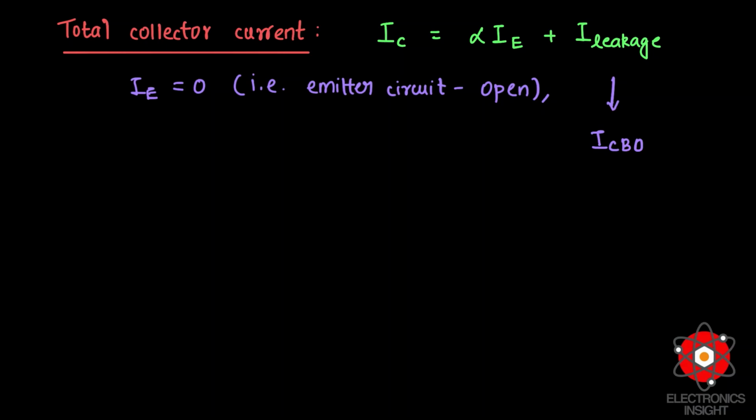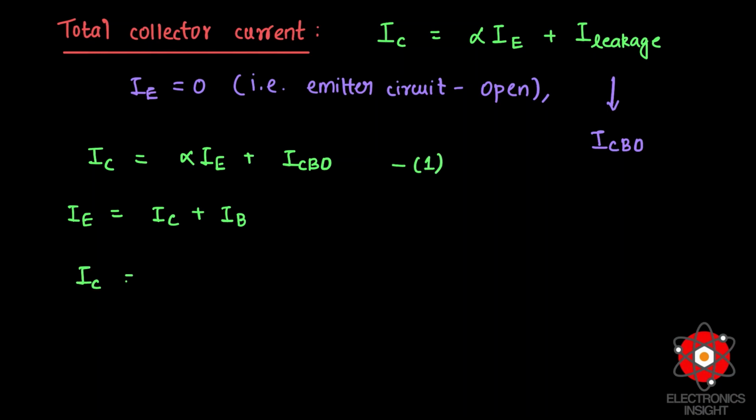So my IC equation will be rewritten as IC equal to alpha times IE plus ICBO, and we know that the emitter current is the total collector current plus the 5% recombination that happened in the base, which constitutes IB. If we substitute it in the first equation, IC becomes alpha times IC plus IB, plus ICBO, which is the leakage current.